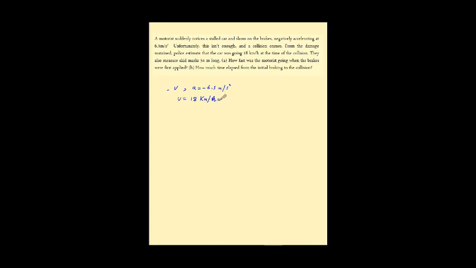This is equal to 18 times 1,000 divided by 3,600, and this equals 5.0 meters per second.